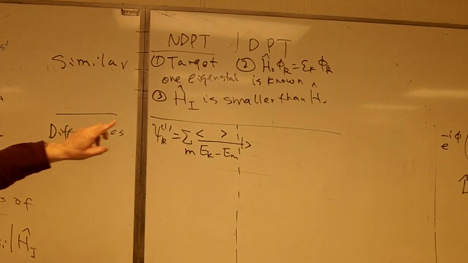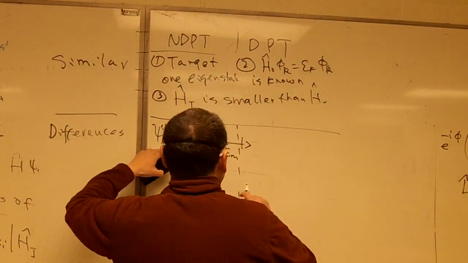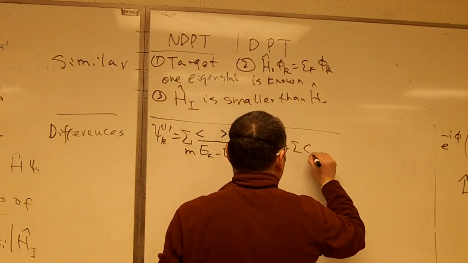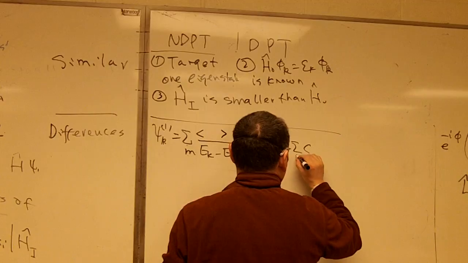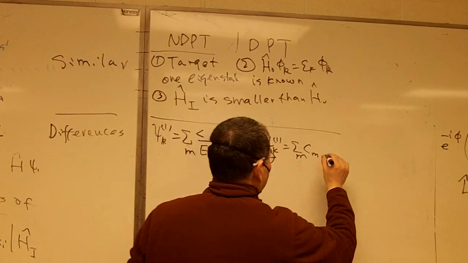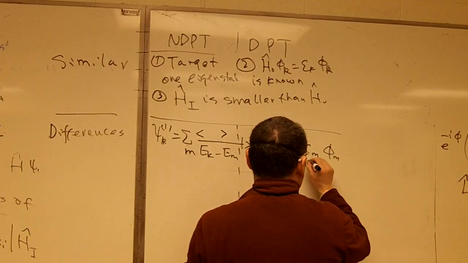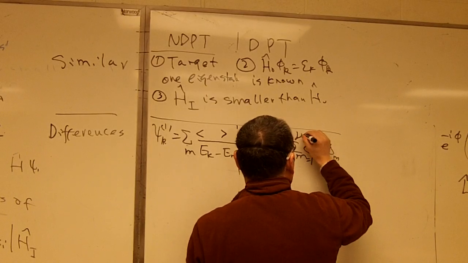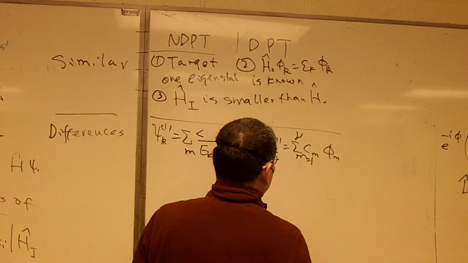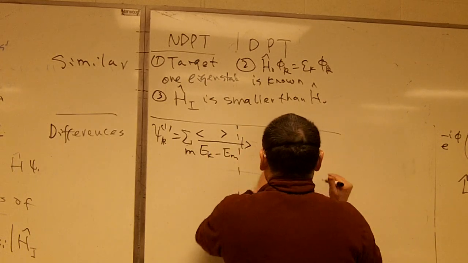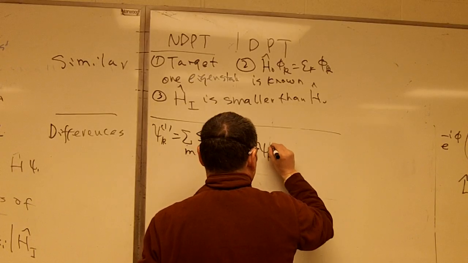But in the general perturbation theory, this one is actually psi K, summation C I, let's say M, that's fine, C M phi M. And this M runs from 1 all the way to the number of degenerate states. Let me rewrite this equation a little better. I just want to be extremely precise.